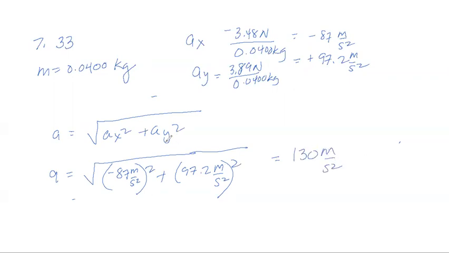And then to find the angle, we're going to go tan inverse of 97.2 meters per second squared divided by negative 87 meters per second squared. And that's going to give me 48.2.